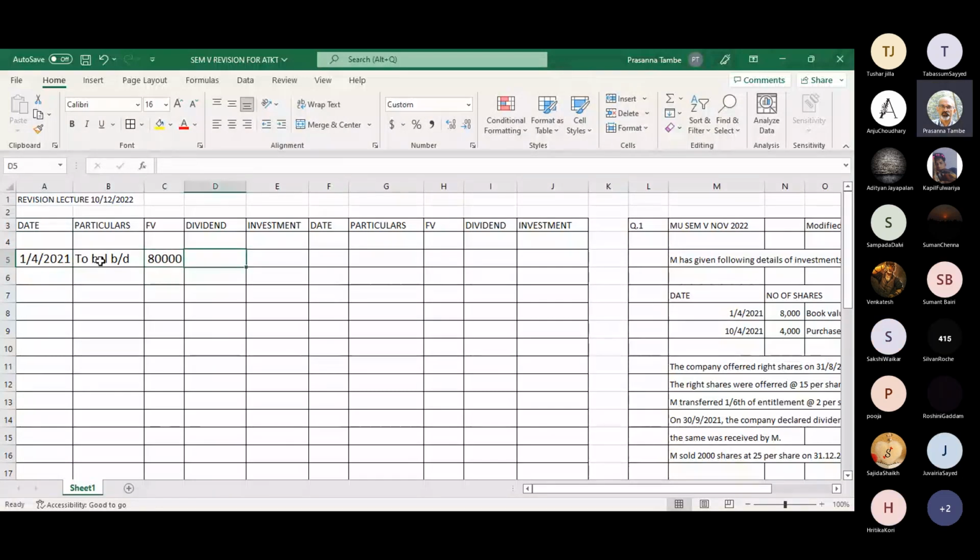Dividend column nil. And the cost of investment is given separately as 15 rupees a share. So investment value will be 8,000 shares multiplied by 15. So cost of investment is 1,20,000, whose face value is 80,000 rupees. All of you post the opening balance.